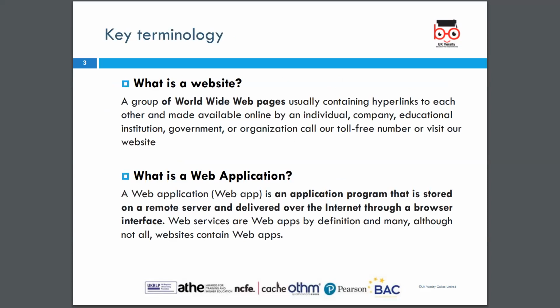Okay, so here we have a definition of what is a website. A group of World Wide Web pages, usually containing hyperlinks to each other and made available online by an individual, company, educational institution, government, or organization. So basically, a website is simply a platform which allows us to read information and share information with other users around the globe.